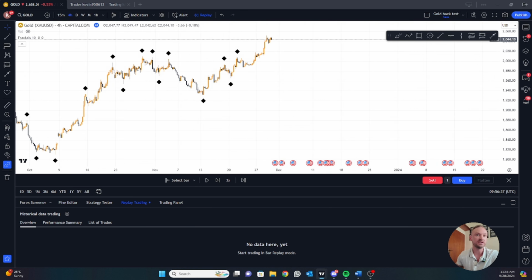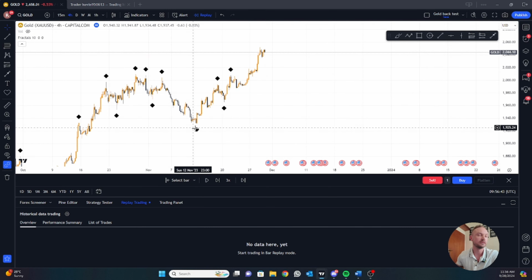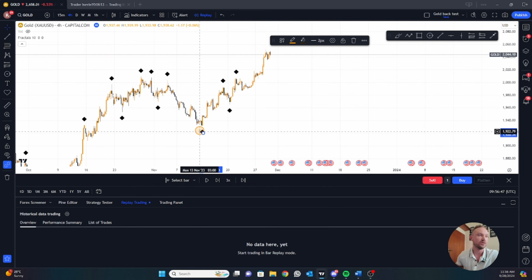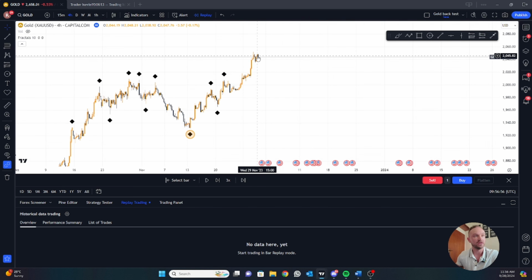Okay, so we can clearly see at the moment we have a low here. This is our low that we're working with at the moment. And we're busy forming new highs. So we can just wait for a clear higher high to form, and then we can draw our Fibonacci and wait for a retracement.